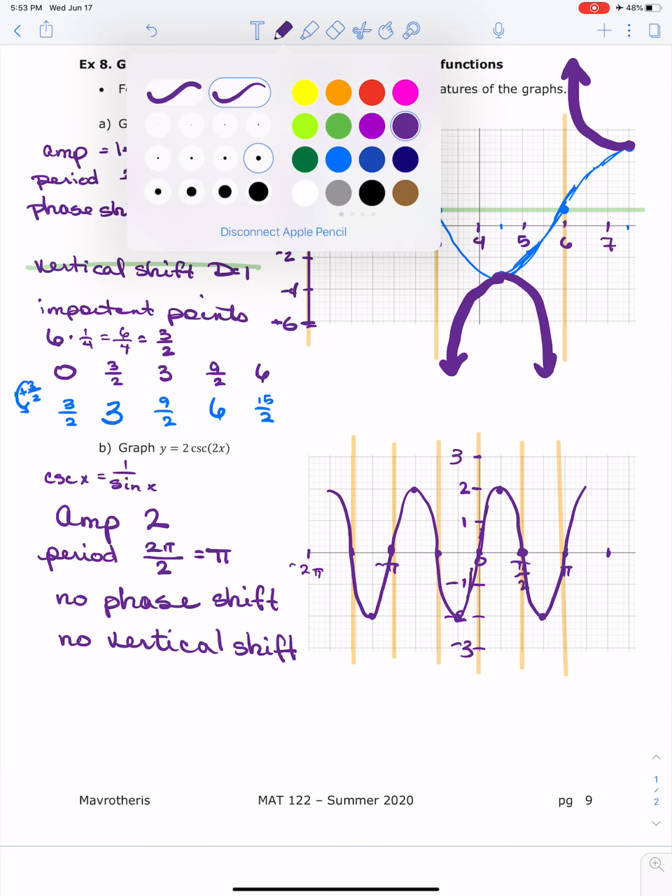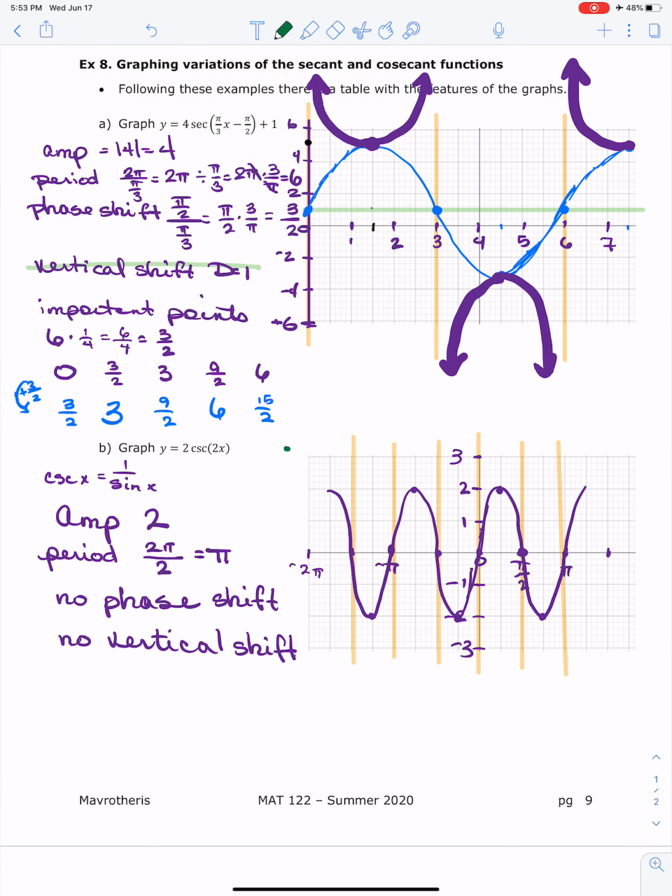And so let's make sure we're being obvious with our cosecant. Cosecant is the reciprocal of sine, so we're coming from the maximums on the sine, heading up towards those asymptotes, or from the minimum down towards the asymptotes on both sides.